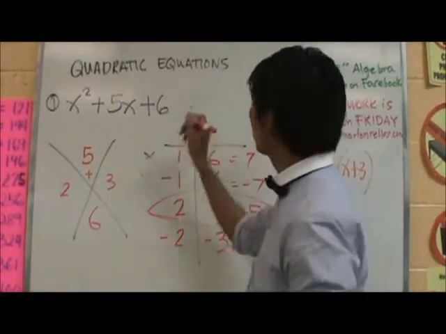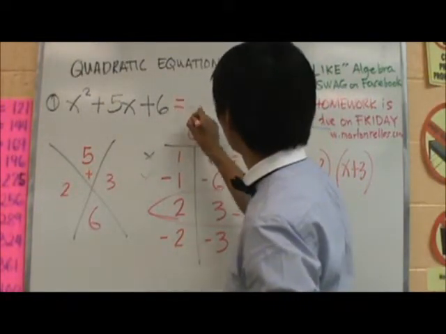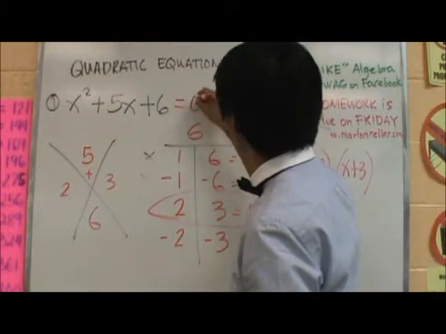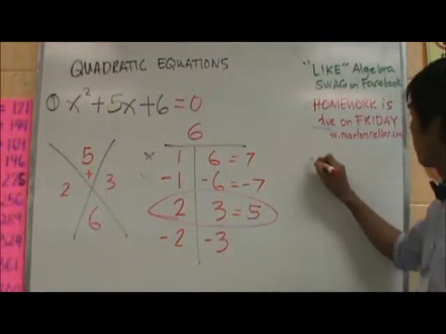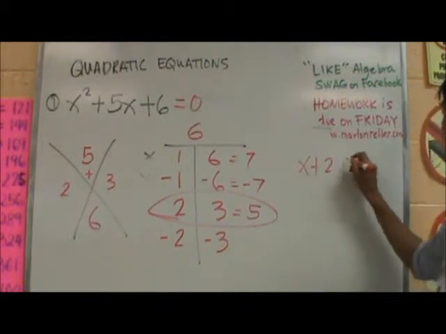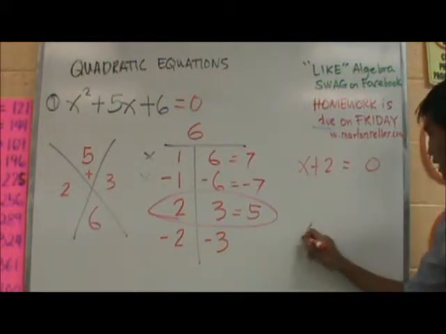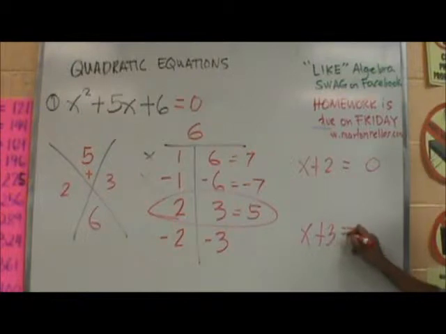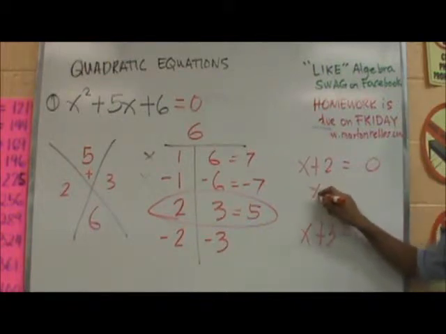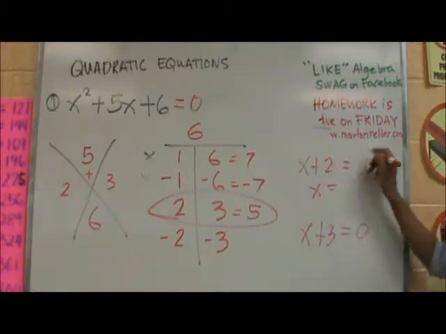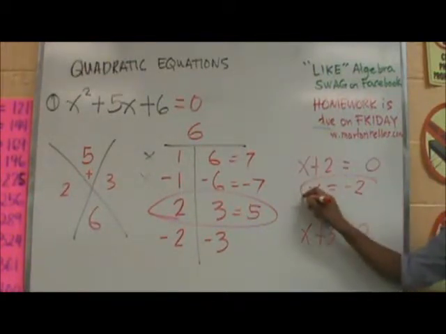But because we're dealing with quadratic equations with the equal sign, we can go ahead and equate both x plus 2 to 0 and x plus 3 to 0. So we can move plus 2 over, because we're solving for the values of x, and it becomes negative 2.